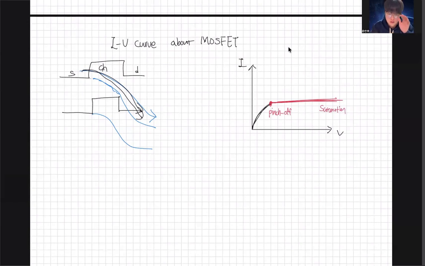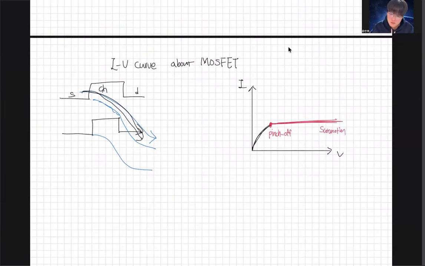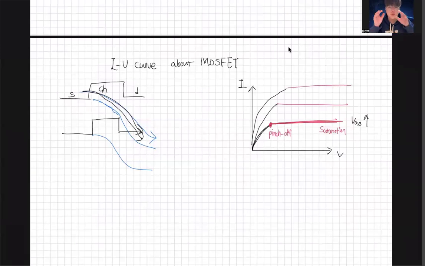And if we increase VGS, the graph will be drawn like this. So we can see the pinch off point moves to the right from zero volts, and we can draw the pinch off point graph like this.